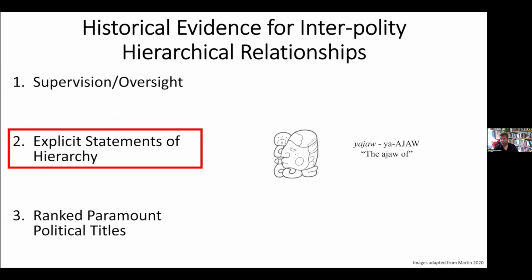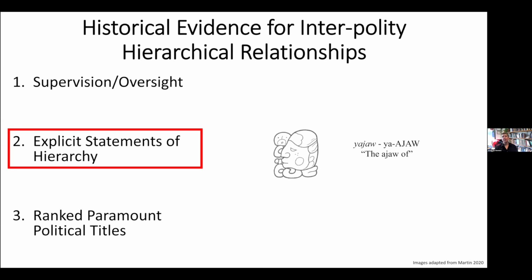Explicit statements of hierarchy. We have kings referring to themselves, or being referred to, as the possession of a foreign ruler. So Yajaw is literally a possessed form of lord or king. And in this case, again, a lot of times we have vassals recognizing their own status as being possessed by a foreign king.